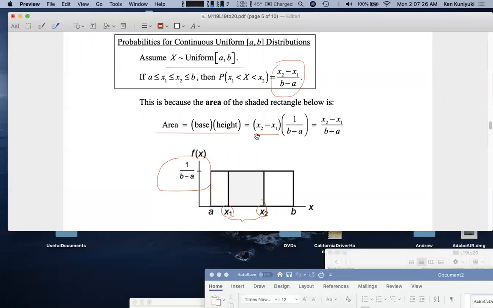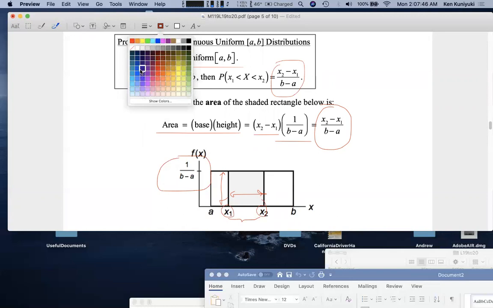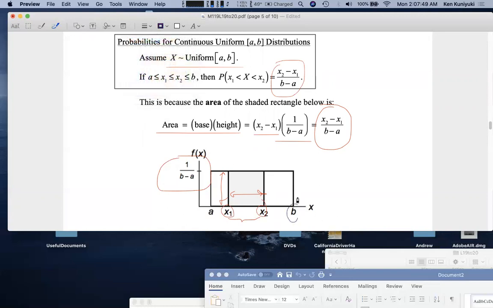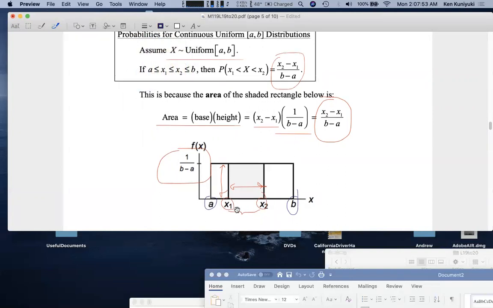Well, base times height. Base is x sub 2 minus x sub 1, and the height is 1 over b minus a. This fraction, x sub 2 minus x sub 1 over b minus a. So basically, it's the width of this subinterval for this gray rectangle over the total width from A to B.